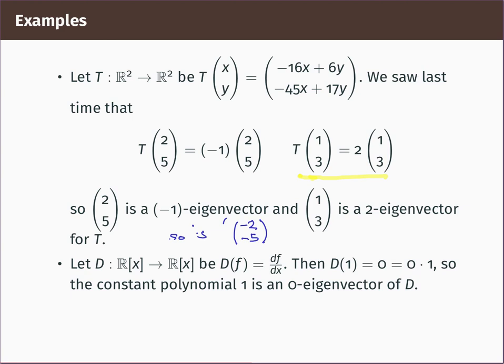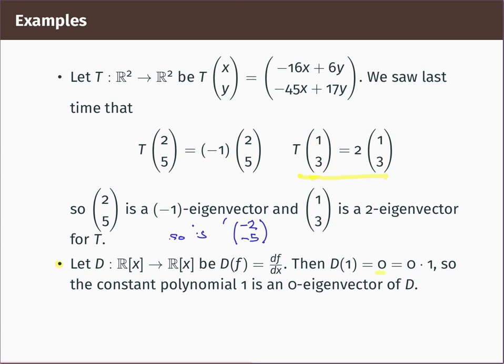As another example, let's consider our differentiation map from the vector space of all polynomials in one variable x over the real numbers to the vector space of all polynomials in one variable x over the real numbers. So that's called d, and d of f is defined to be the derivative df by dx. Then if you look at the constant polynomial 1, the derivative of the constant polynomial 1 is 0.